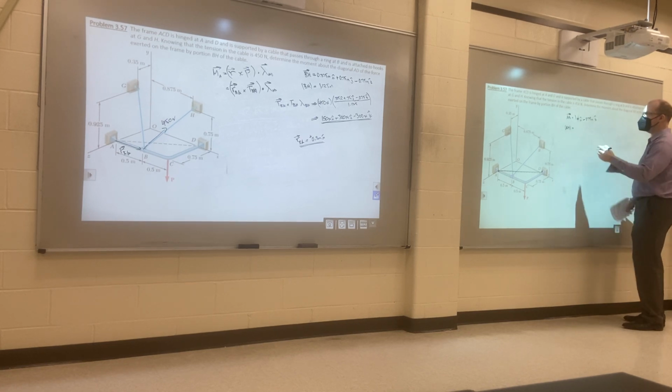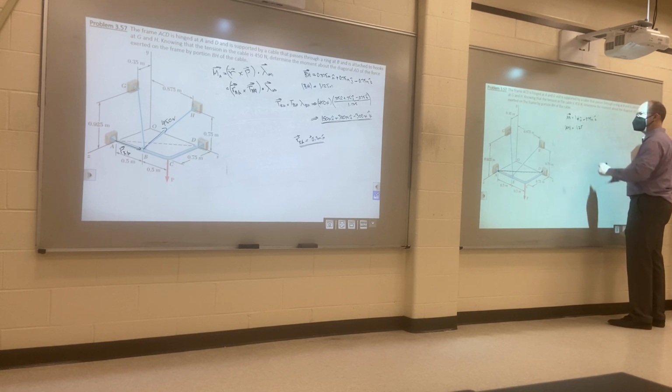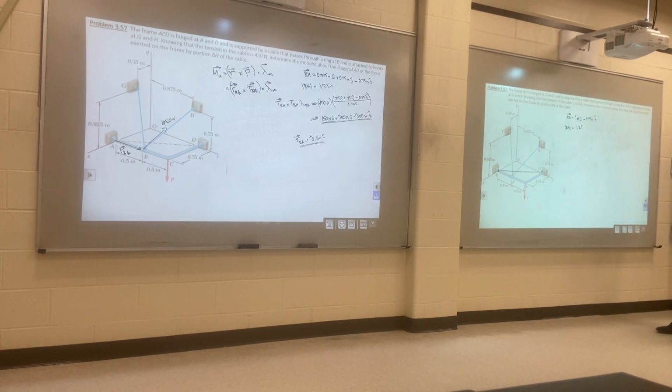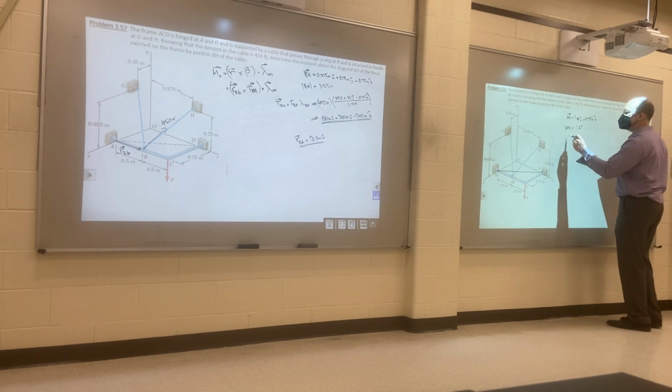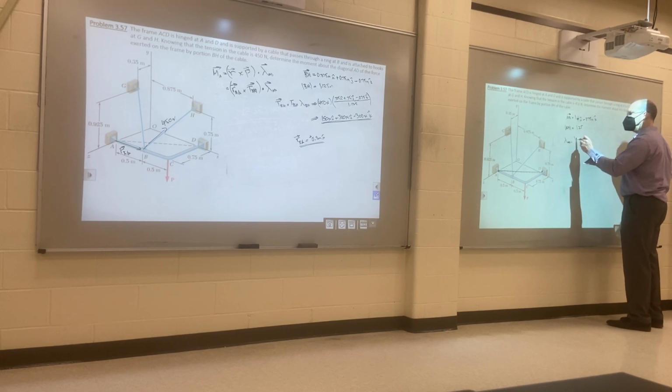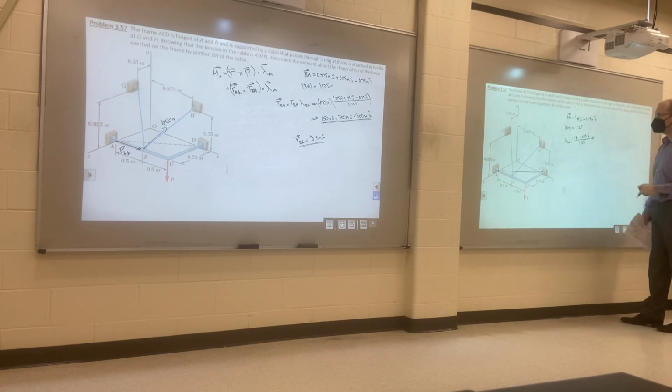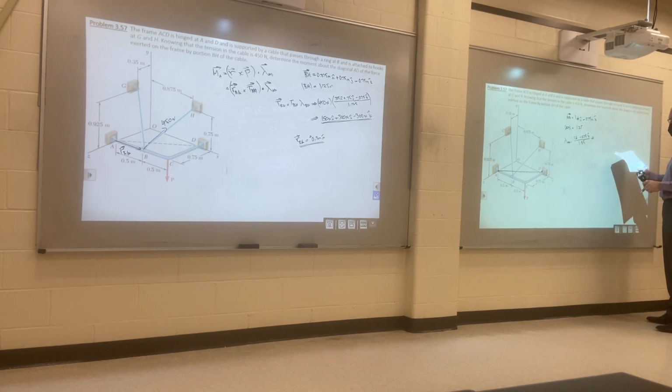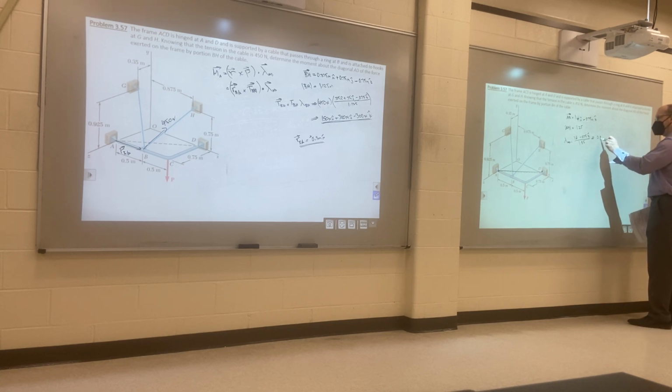I think it's 1.25, I think this is correct. Somebody can check that for me, I'd appreciate it. The square root of 1 squared plus 0.75 squared. It is, okay. And so the unit vector AD is equal to 1I minus 0.75K, all over 1.25, which is 0.8I minus 0.6K, right?